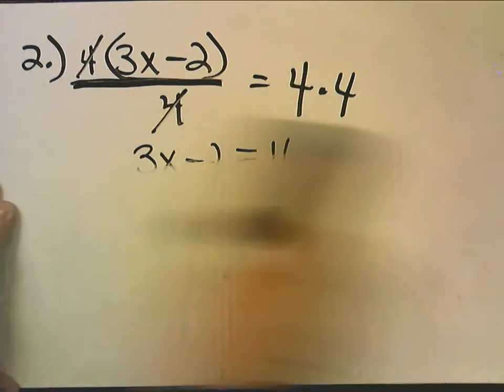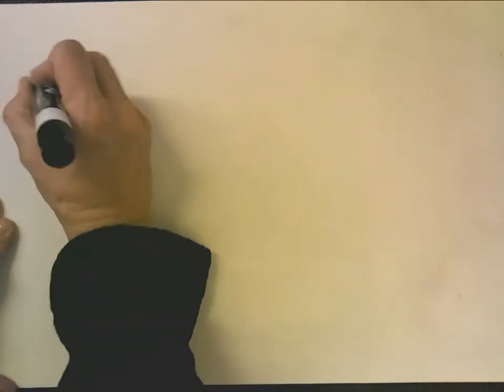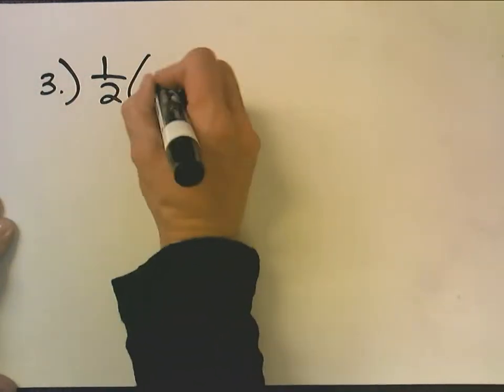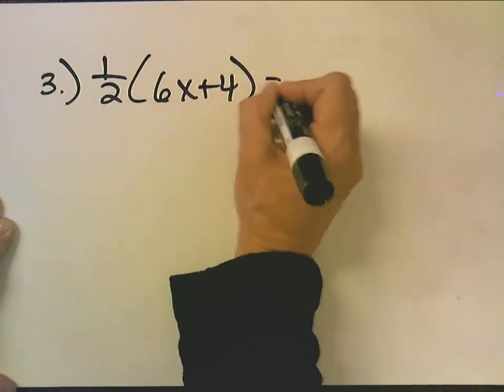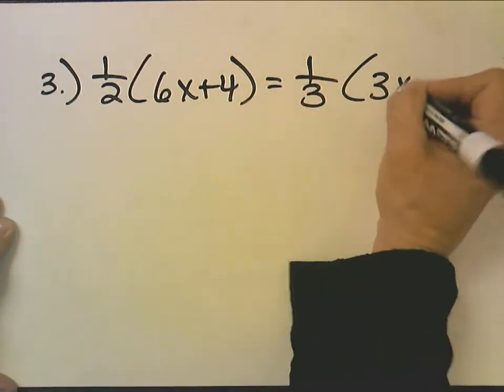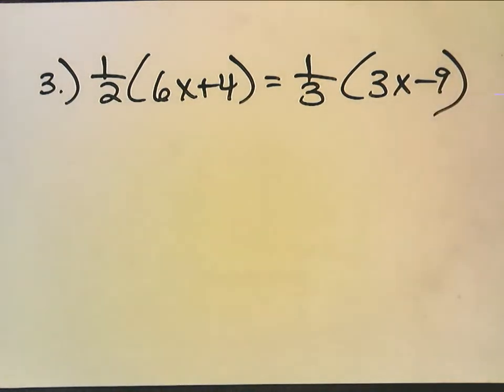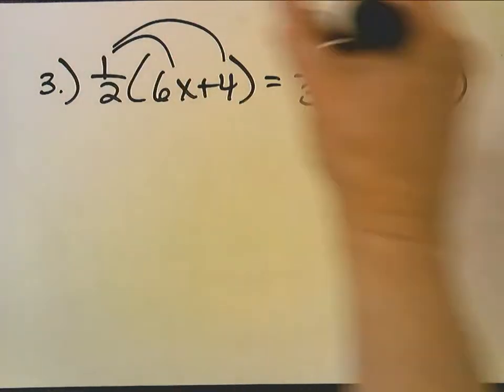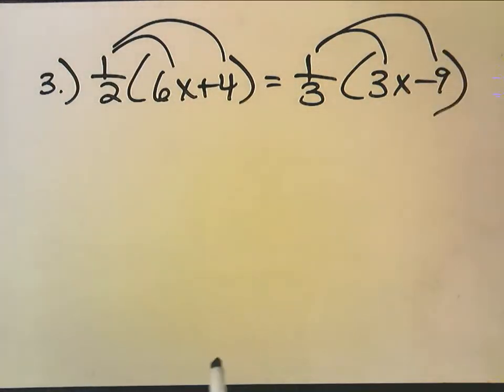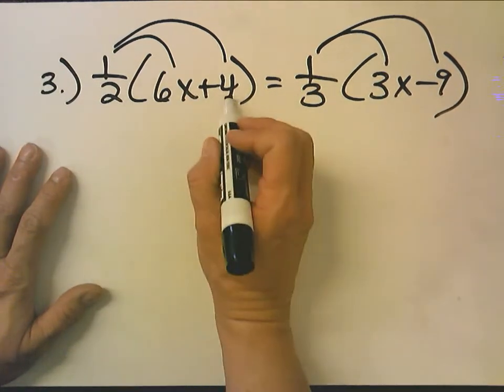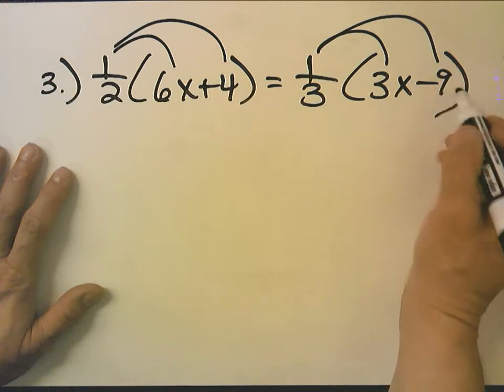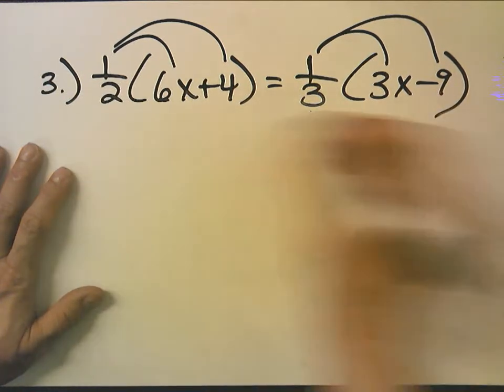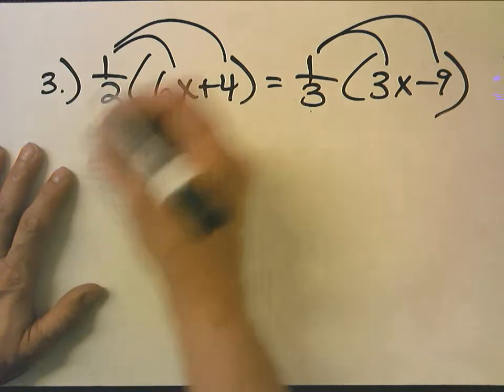Okay? Now, another type of fraction problem you will see is 1/2 times 6x plus 4 equals 1/3 times 3x minus 9. Now, I could multiply everything by 6 because 6 is the common denominator. But before I do that, I want to see if I will get rid of my fractions by distributing. And because 6 and 4 are multiples of 2, and 3 and -9 are multiples of 3, that means I will clear my equation of fractions by distributing.